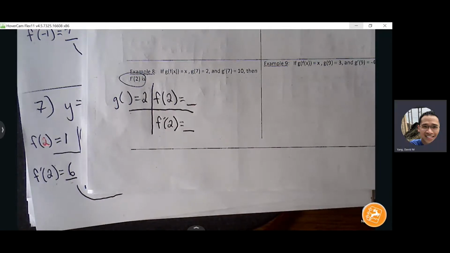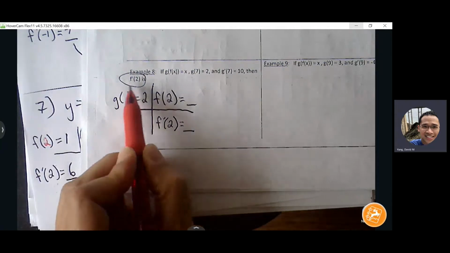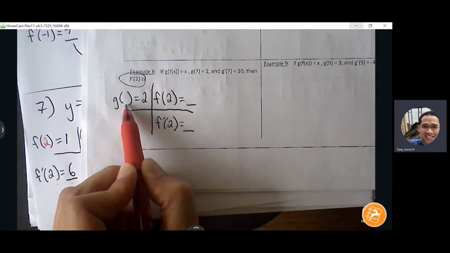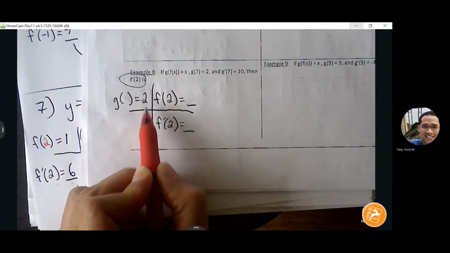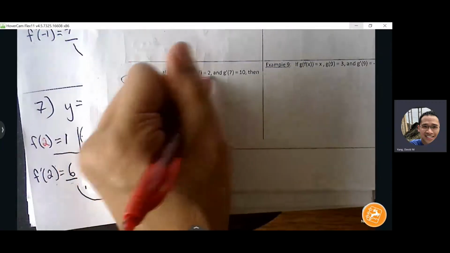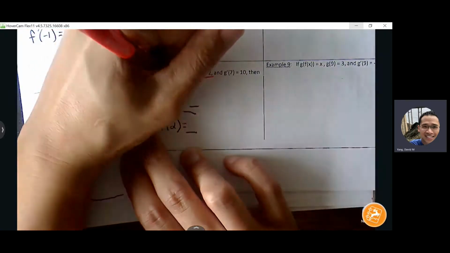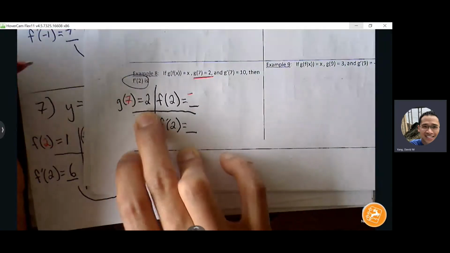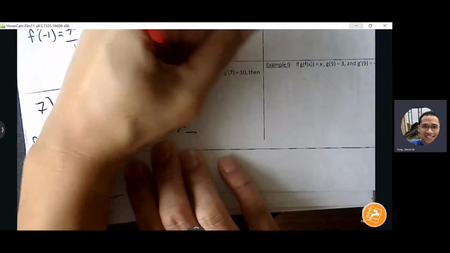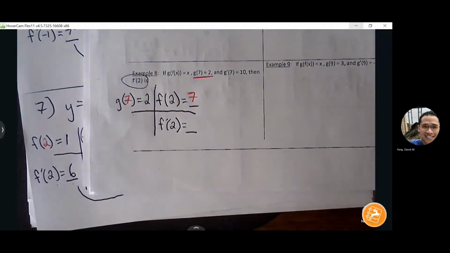And now we want to look at what's given to us and see what we can fill the blanks in with. Do I have something that I can fill in here? g of what is equal to 2? Yeah, I have that information, right? So g of 7 equals 2. I can go ahead and fill that in. So if I have ordered pair (7, 2) here, my f function will have ordered pair (2, 7).